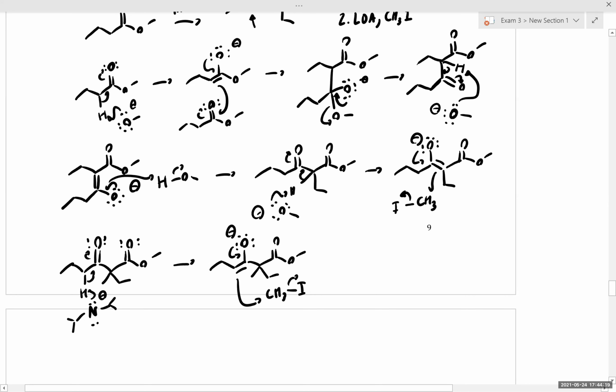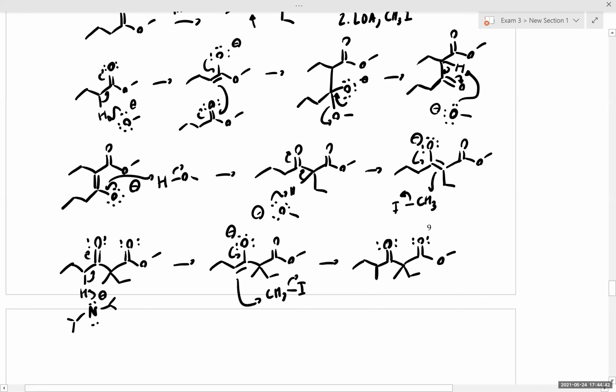So that's why we use LDA. It's a non-nucleophilic hindered base, and that allows us to methylate our alpha position cleanly. If we just dumped in an excess of methoxide and excess of methyl iodide, we'd likely see some retro-Claisen products.